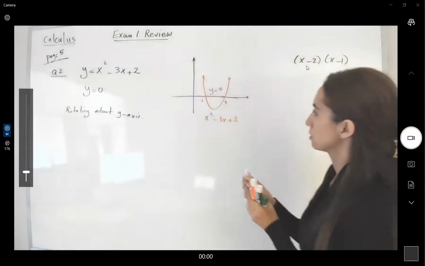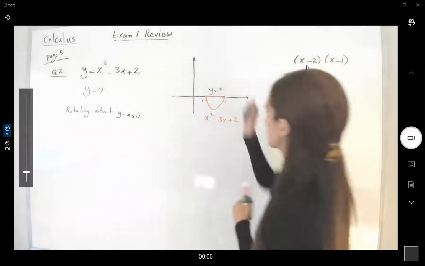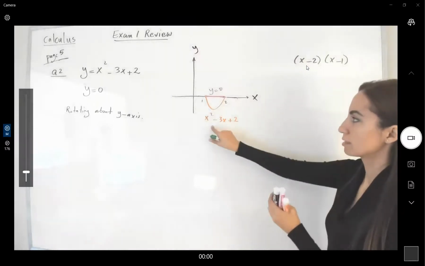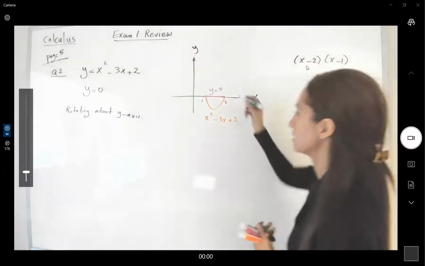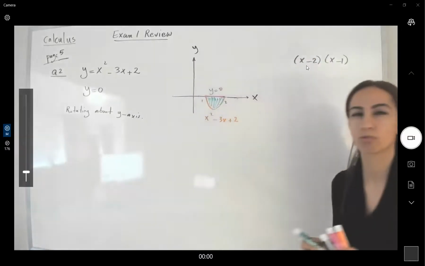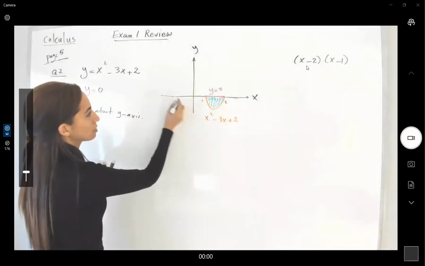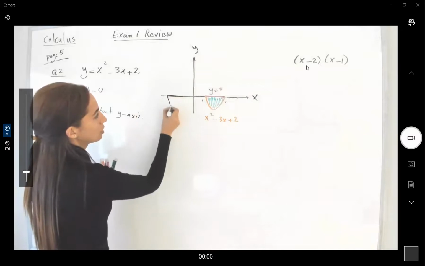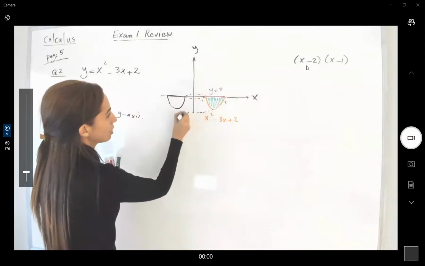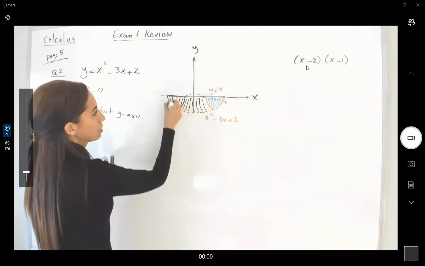So the region that you're taking and rotating about the y-axis is this little region here. Note that the bottom function is x squared minus 3x plus 2. We are taking this and rotating it, and this is the object that you get by rotating this.